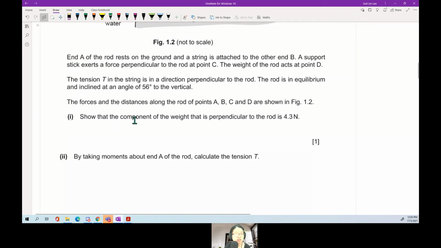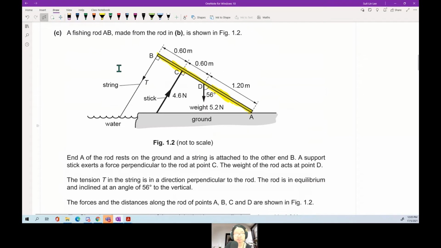Show that the component of weight that is perpendicular to the rod is 4.3 Newton. Okay, so we gotta resolve. Generally, the way they try to help you is they will ask you to resolve some force first to hint at which direction you should consider. If they ask you to resolve the weight, meaning now we are going to consider forces that are parallel and perpendicular to the rod.